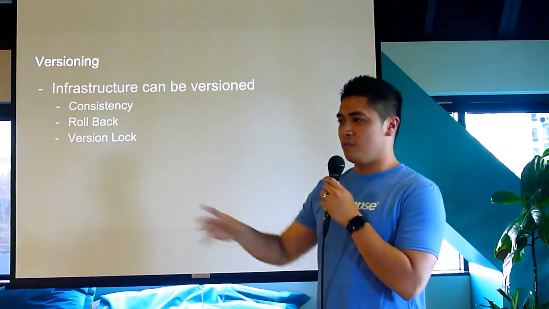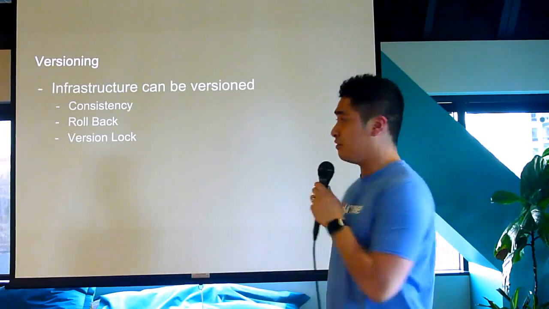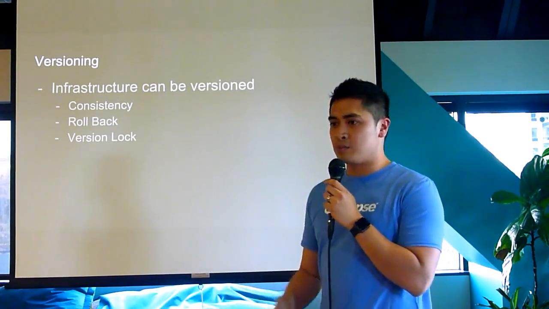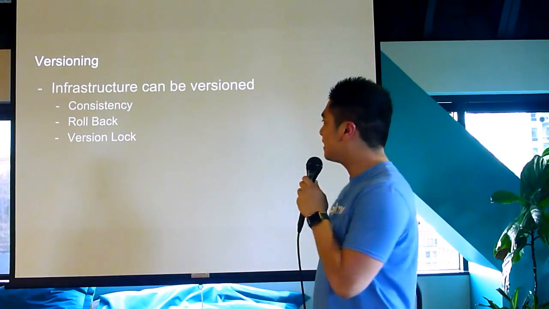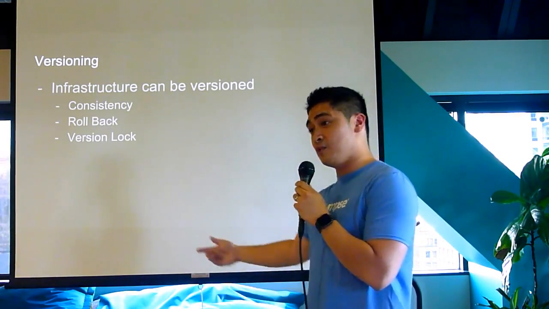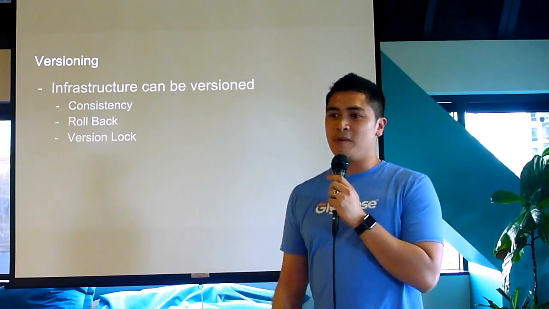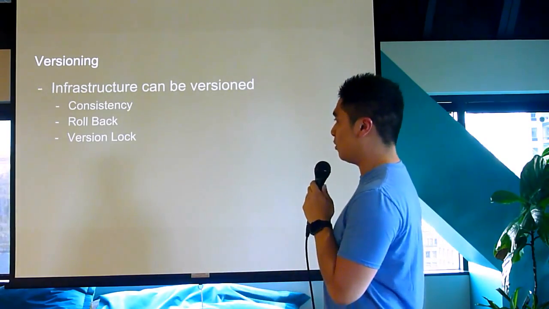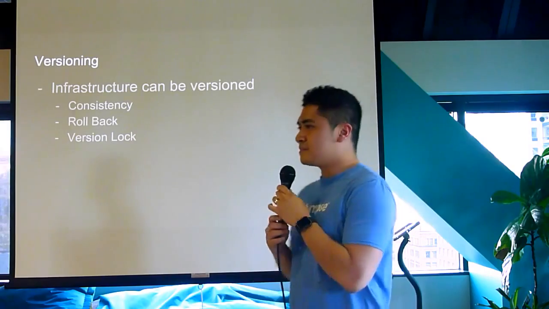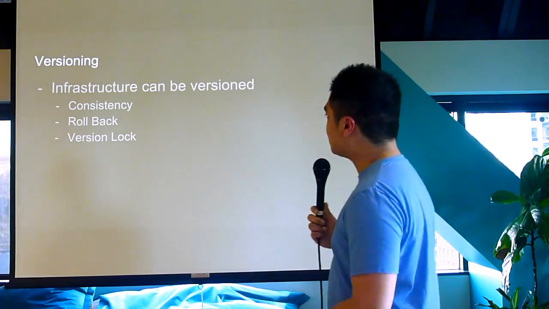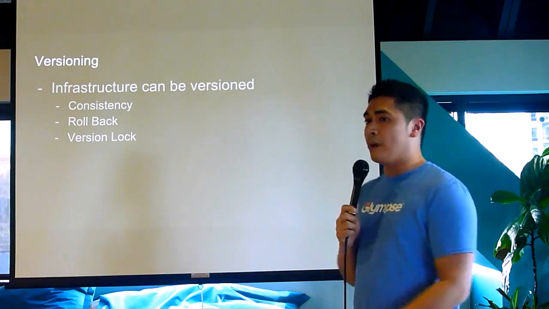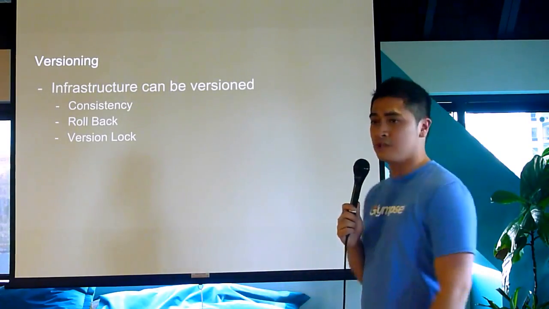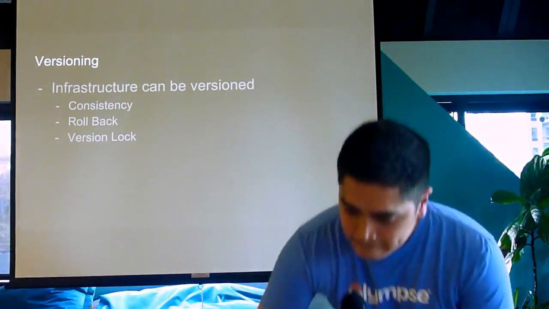Well, you can go back to however it is that you configured your infrastructure, roll it back to the previous version, maybe it's 1.1.2 or something like that, and then kill the boxes, the new ones, and boxes will come up again that are provisioned with the old version. So if executed correctly, your infrastructure can be versioned, you have consistency, you can roll back, and you have this version lock. Okay?